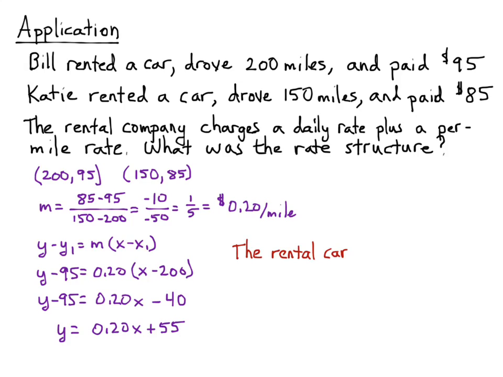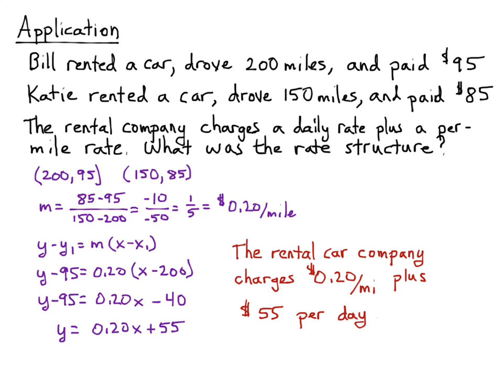So that's the daily rate, right? So you're going to pay $55 plus whatever mileage you tack onto there. So you can get the rental company rate structure by saying it charges 20 cents a mile plus $55 per day. So the question doesn't necessarily ask you to make the equation of the line, but by finding the equation of the line, we can answer the question.